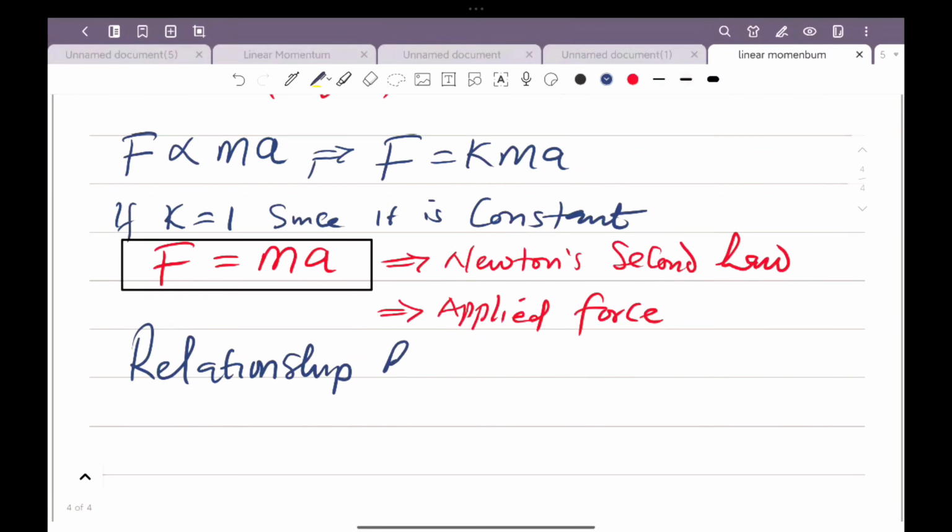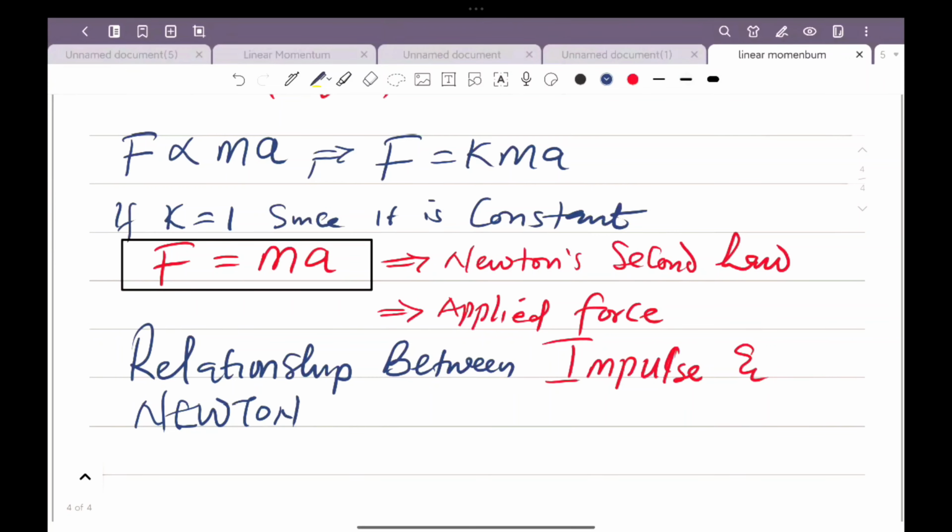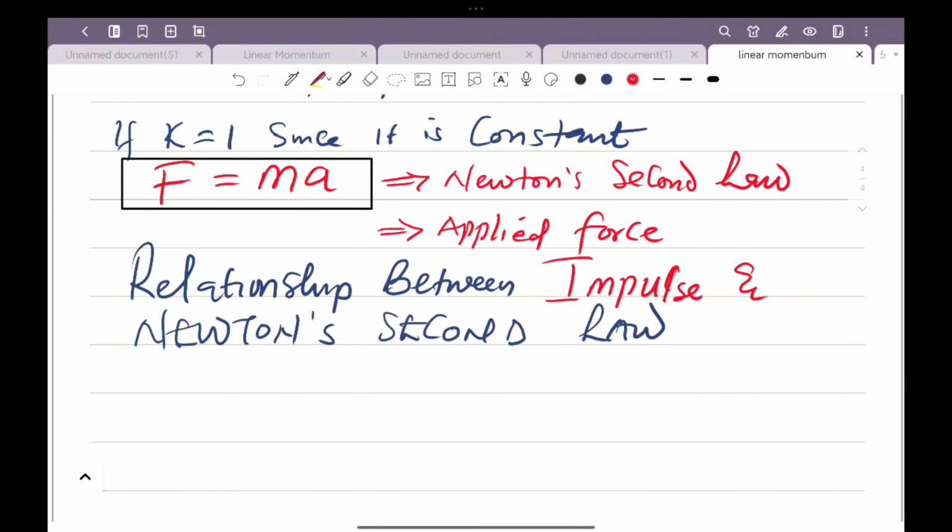Now, what is the relationship between impulse and Newton's second law? Relationship between impulse and Newton's second law.